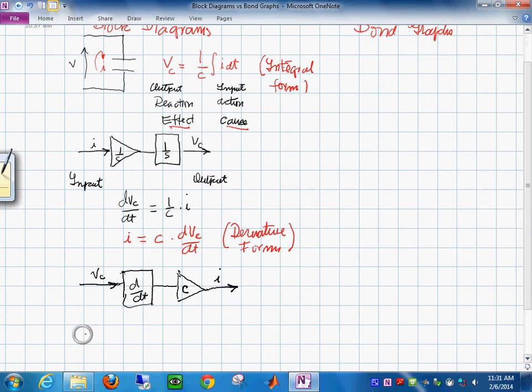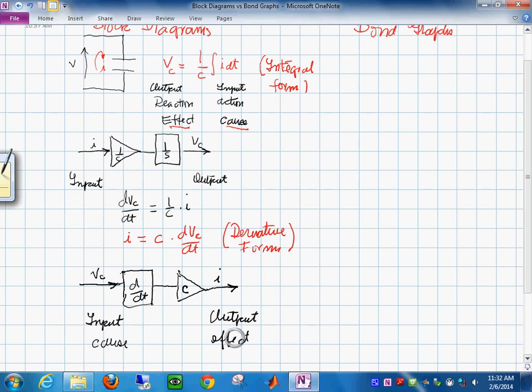So this is the input here, and this is the output. This is the cause and effect. So the representation of the integral form of the capacitor is like this. The representation of the derivative form of the capacitor is like this.